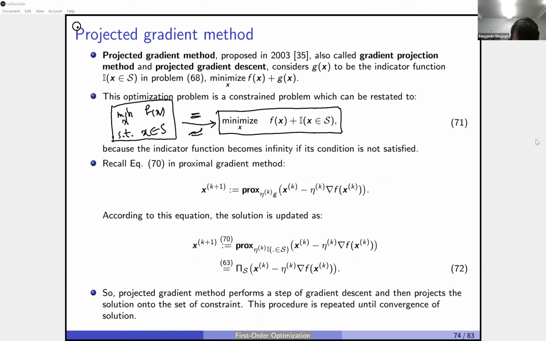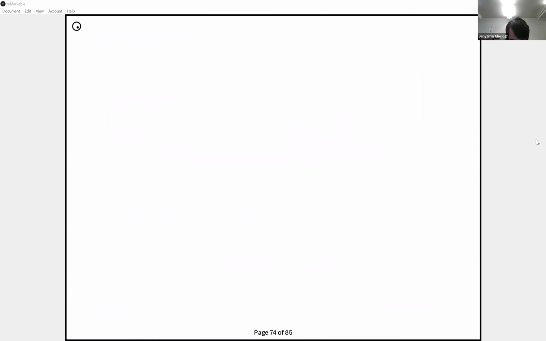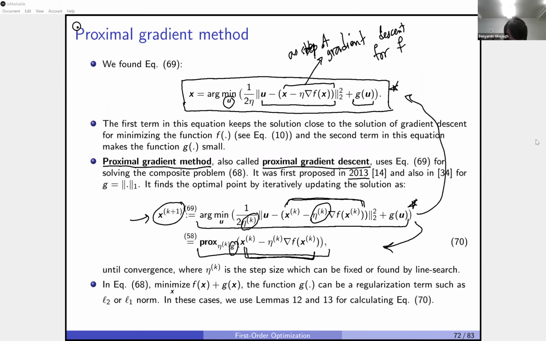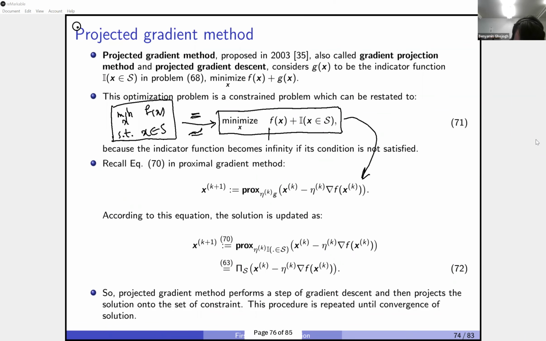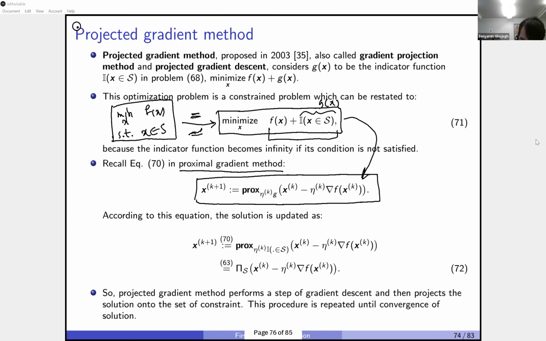Now, what is this? We can solve this using the proximal gradient method, right? Why? Because equation 71 is a composite function. This is f, and this can be seen as g.